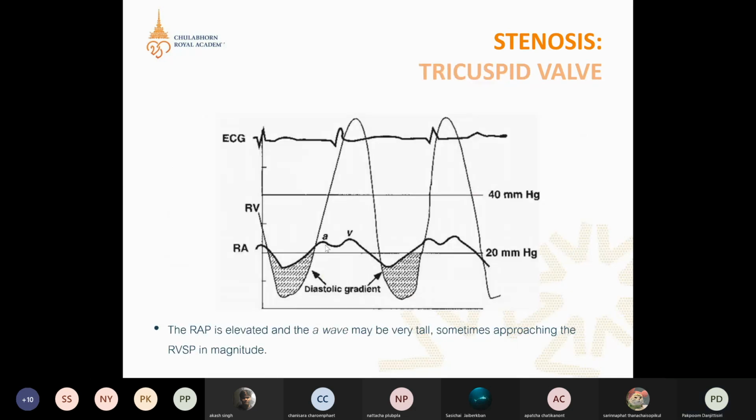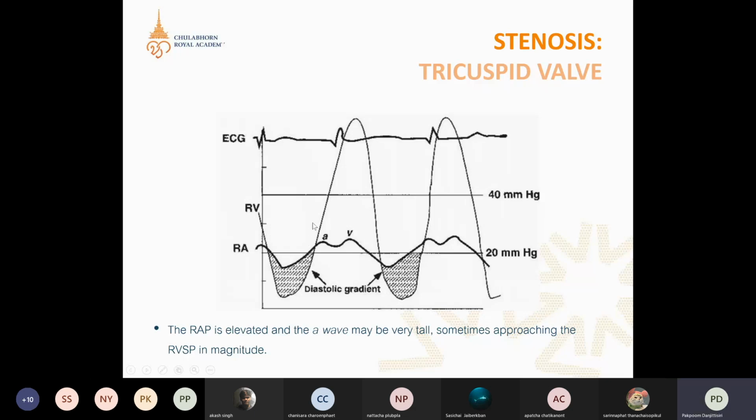Okay. Next, on tricuspid valve stenosis, the idea is the same as the mitral valve stenosis, but you just change the label of the left ventricular pressure to RV, right ventricular pressure, and change the LA to be RA instead.